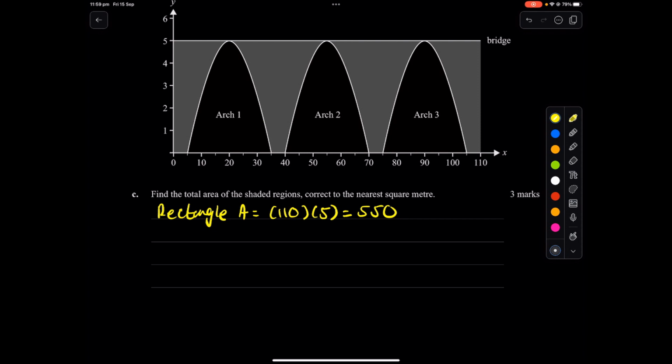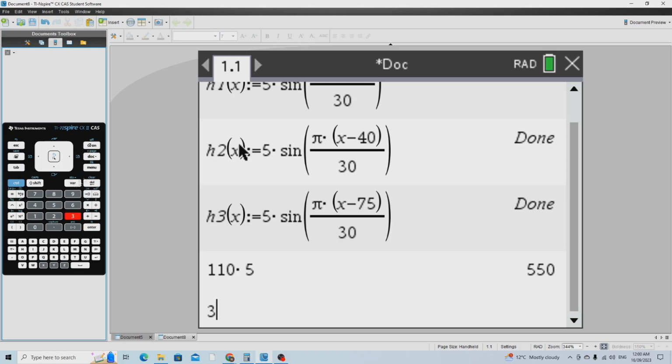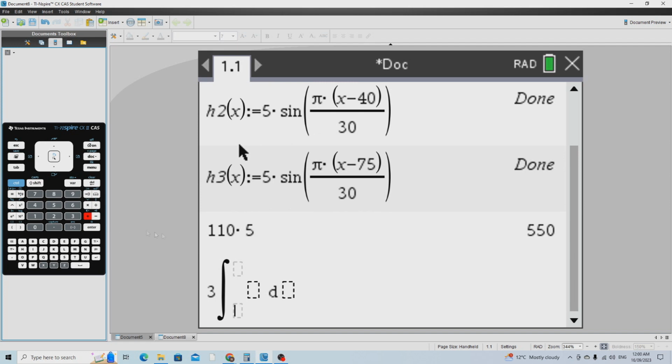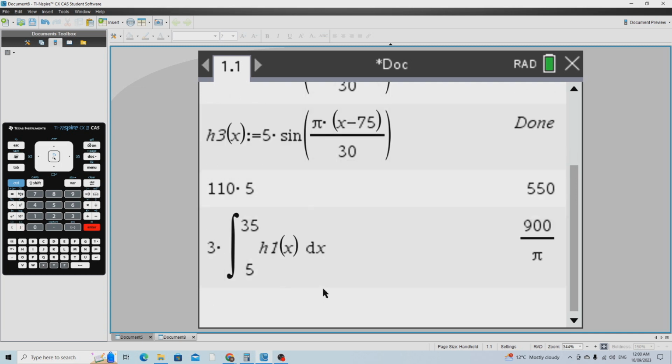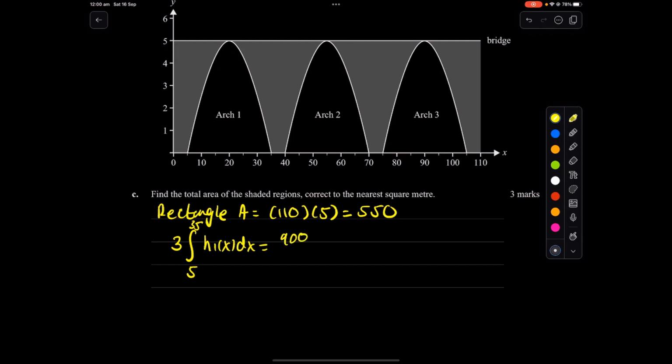And we want to find the area, but 3 times it, remember? Let's say for the first function, which is just the integral from 5 to 35 of h1 of x dx, 3 times that gives you 900 over pi.